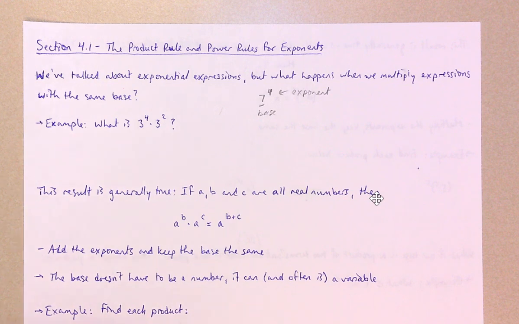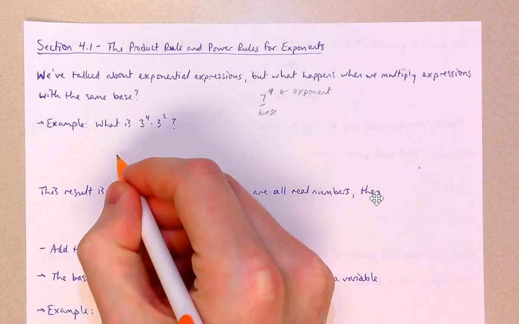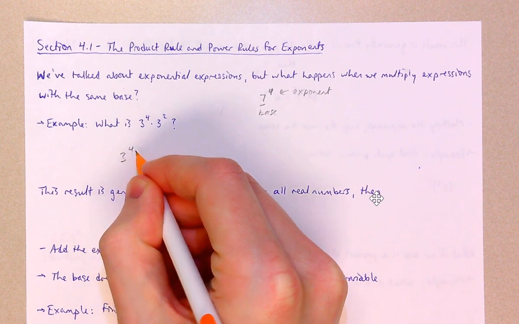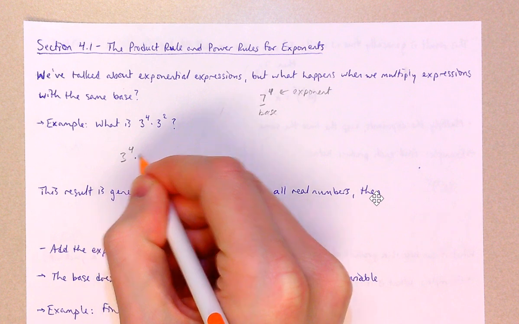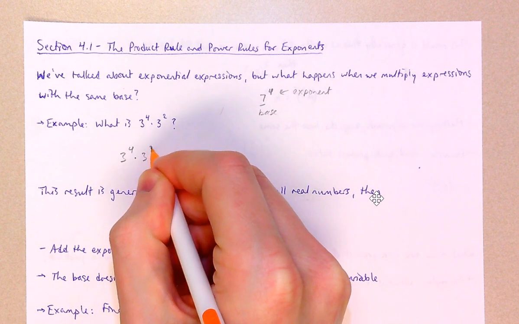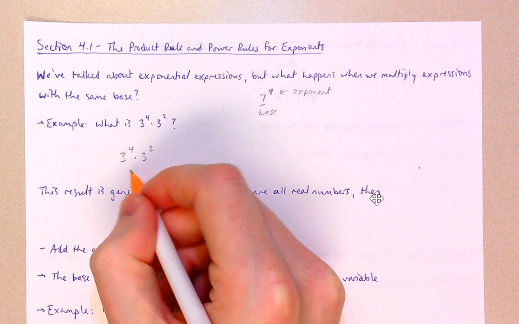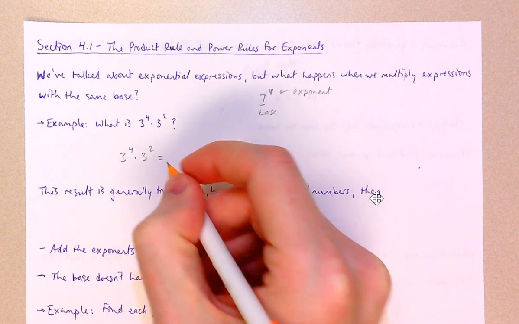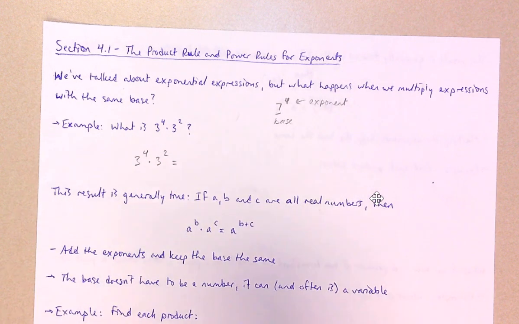So what happens when we multiply things like this and the bases are the same? Here is a sample. What is 3 to the 4th times 3 to the 2nd, or 3 squared? Well, let's just recall what each of these things is actually saying. 3 to the power of 4 is saying 3 times 3 times 3 times 3.